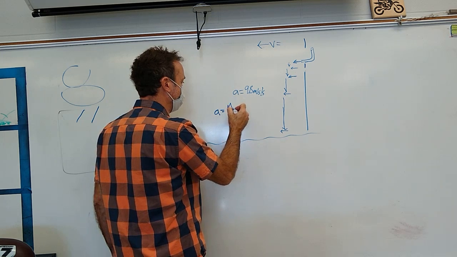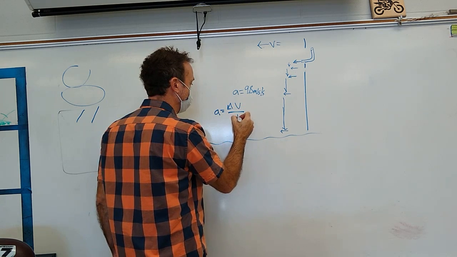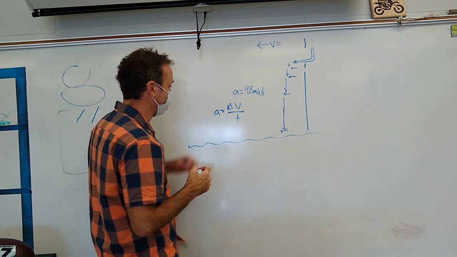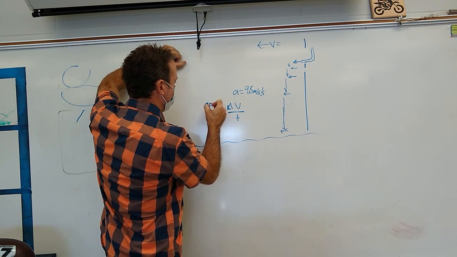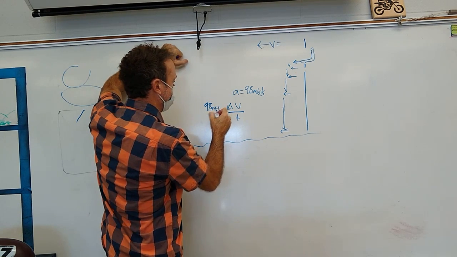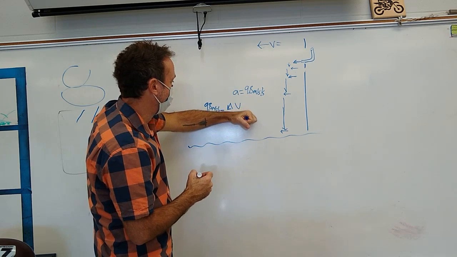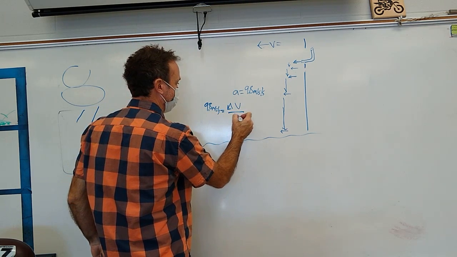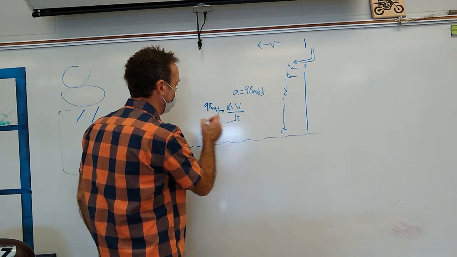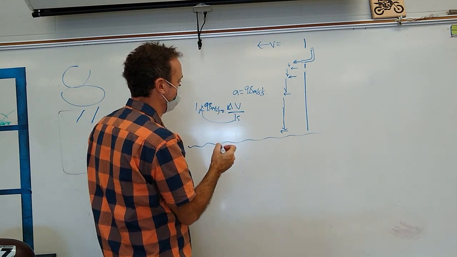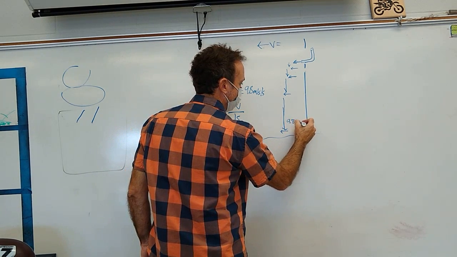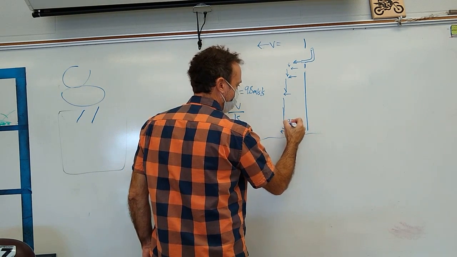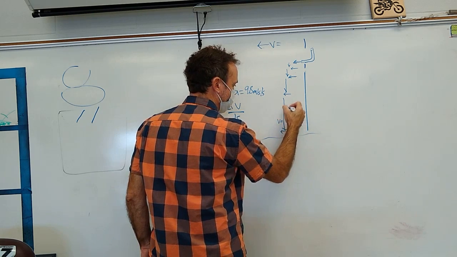Acceleration equals change in velocity over time. The acceleration on Earth of something falling is always 9.8 meters per second per second. The time that fell happened to be perfectly 1 second. So the new velocity was 1 times 9.8. Its final velocity downward was 9.8 meters per second. That's its downward velocity right here.